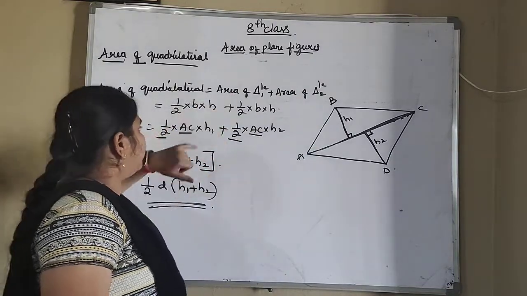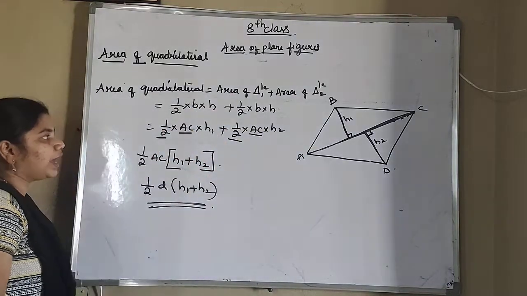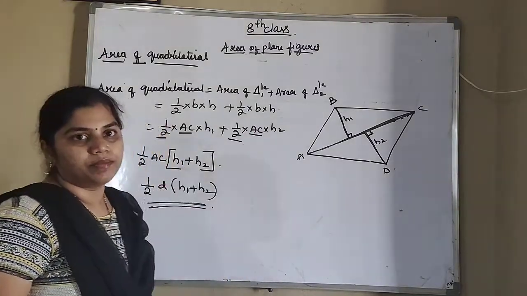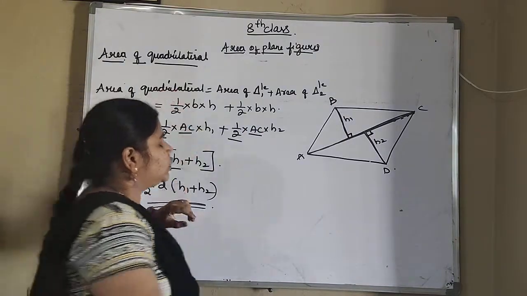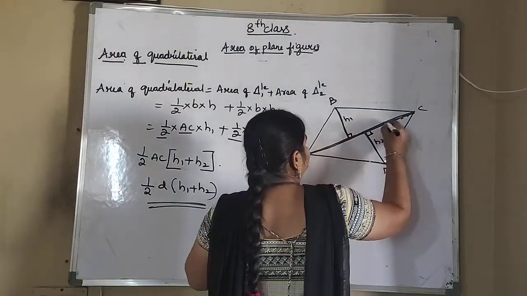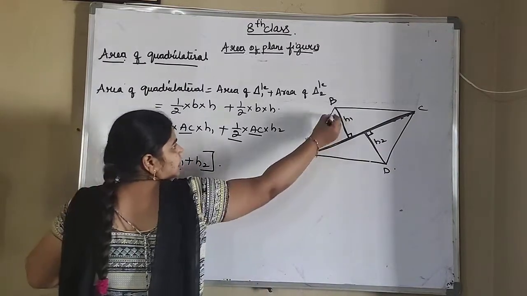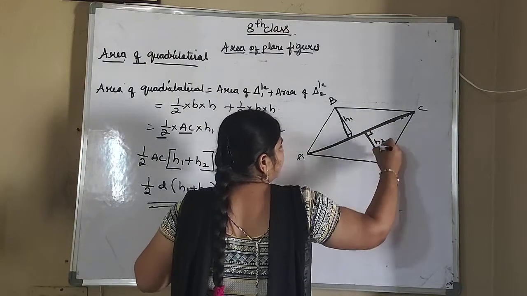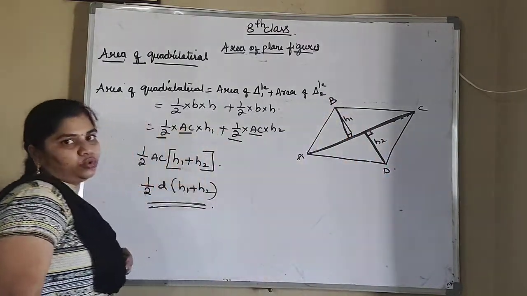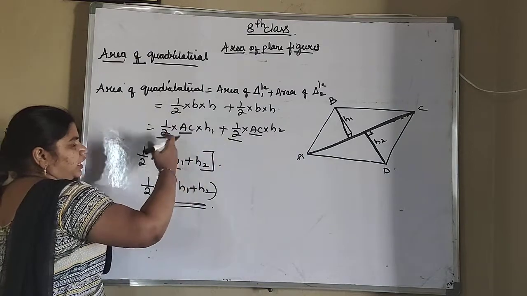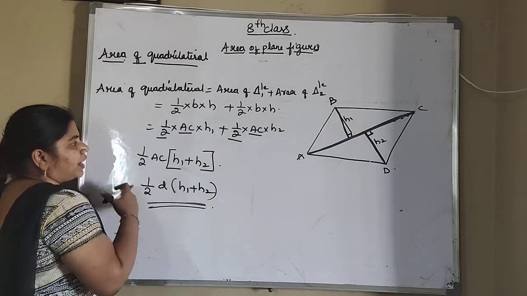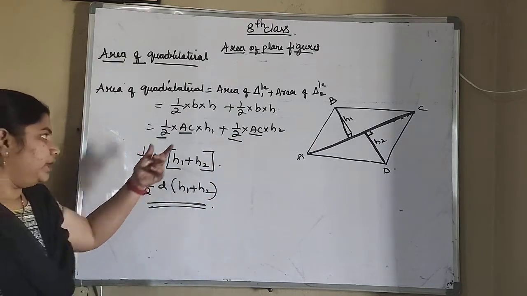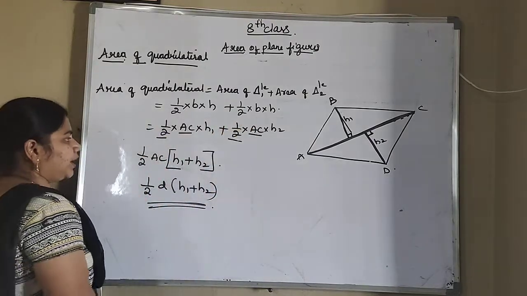The area of a triangle formula is half into base into height. In the same way, area of triangle 2 is also half into base into height. For this triangle, AC is the base and height is H1. For the second triangle, AC is the base and height is H2. Which terms are common? Half AC I am taking as common, and the remaining terms I am writing in the bracket, that is H1 and H2.